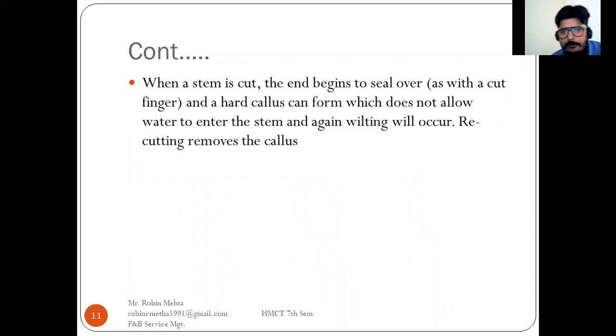You cut the stems again 2 inches from the actual cut, or from where you got the plant from the parent plant, which may have created a seal over that end. We just give a cut, it removes the seal, the stem starts sucking the water, and the water travels into it normally.